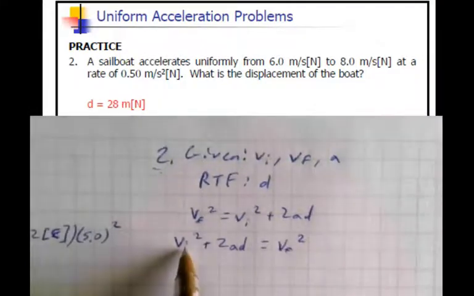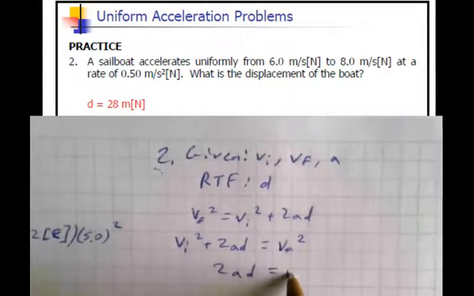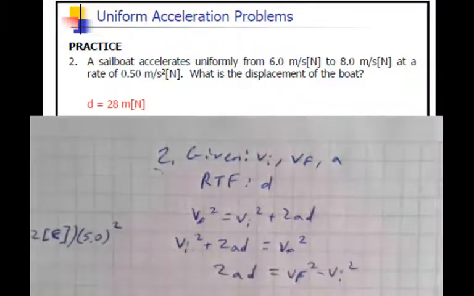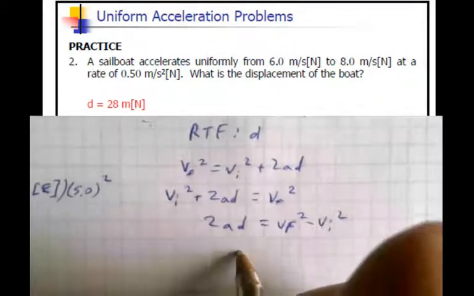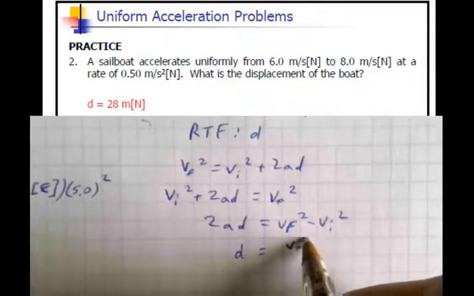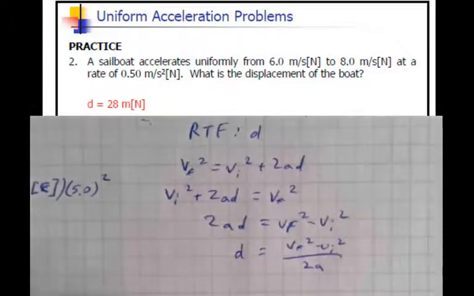Then I'm going to move the VI to the other side. So 2AD equals VF squared minus VI squared. Then I'm going to divide by the 2 and the A. So D equals VF squared minus VI squared over 2A.